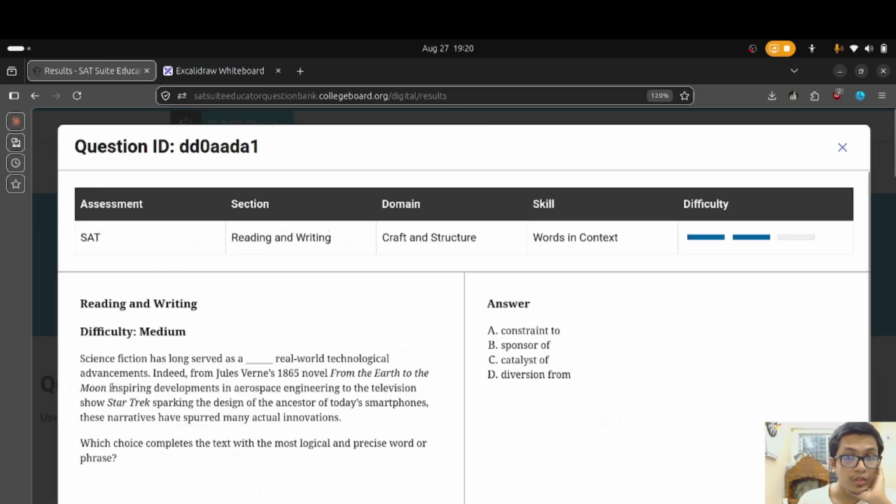Okay. Science fiction has long served as a dash for real-world technological advancements. It can be a catalyst, because what is a catalyst?